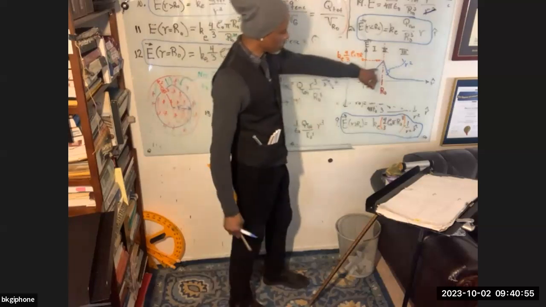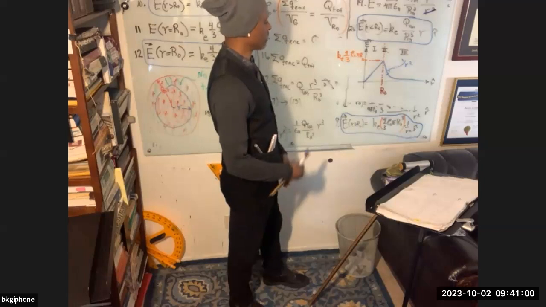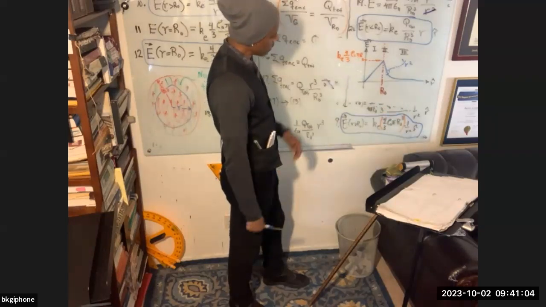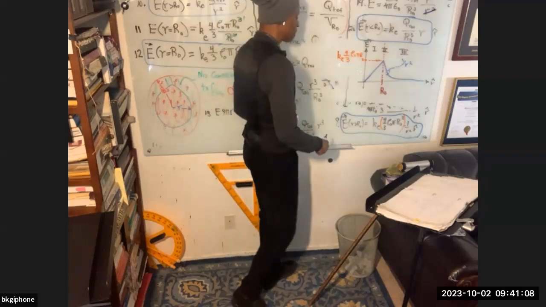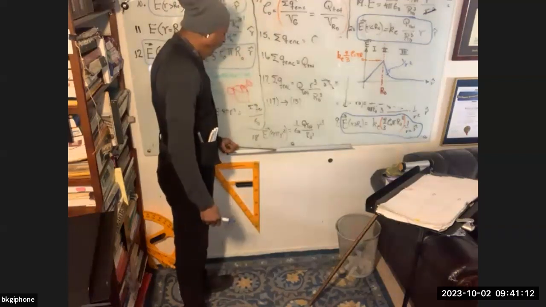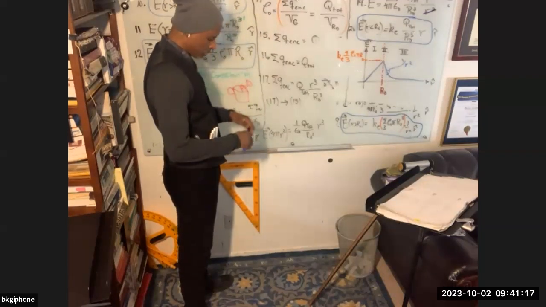I probably made that a little bit too steep, but you get the point. Maybe very far out, way far out, it will look like that. So that's the last thing you would see on a problem like this.